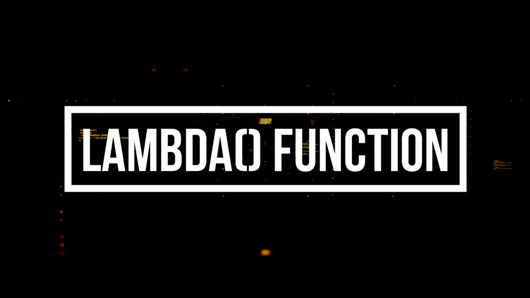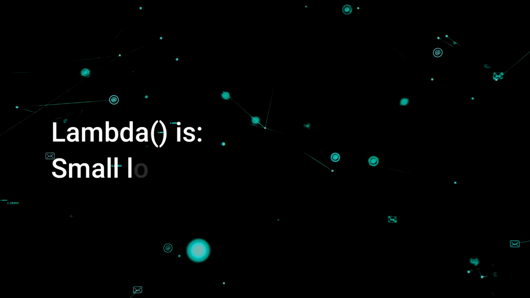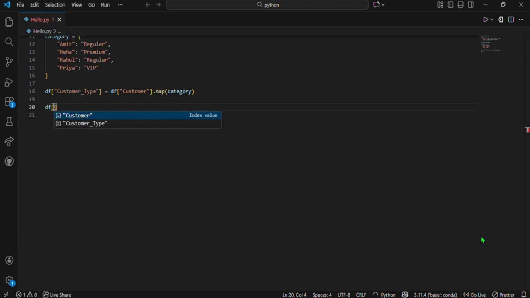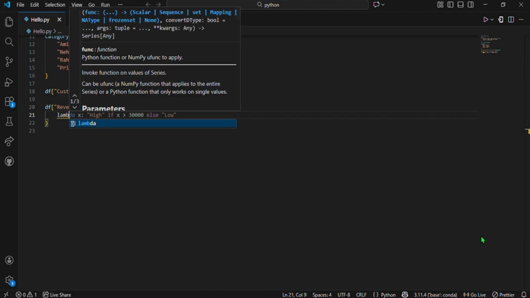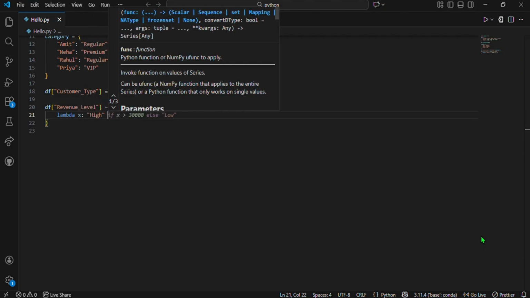So after map, let's jump into the lambda function. Lambda function is small logic but with big powers. So let's create a revenue level column here with the lambda function. df revenue_level equals df revenue.apply, and in the apply I have to pass a function, which is generally a lambda function.